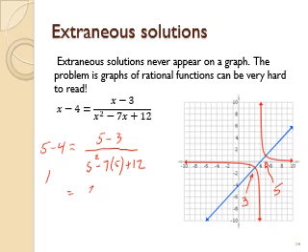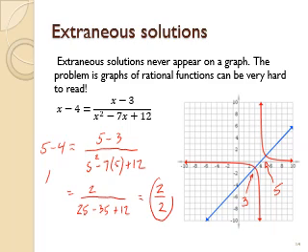Okay, 5 minus 3 is 2. 5 squared is 25. 7 times 5 is 35. 25 minus 35 is negative 10. Plus 12 is 2. So that works. 2 over 2 equals 1, and that works. So 5 is a solution.